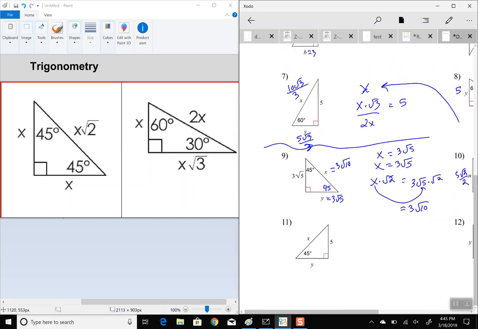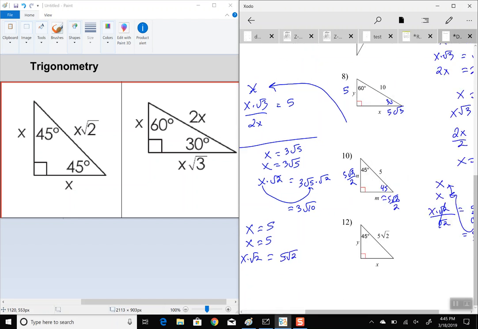And the last couple, again, 45, 45, 90 degree triangle. So you've got x, x, and x times the square root of 2. You were given one of the bases, so you know if that one is 5, the other one must be 5, and then this one must be 5 times the square root of 2. Pretty simple.